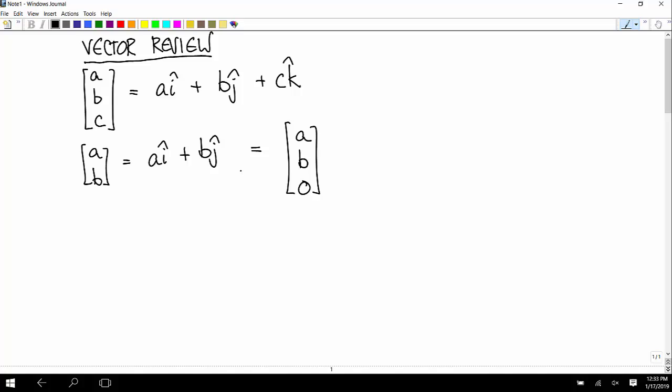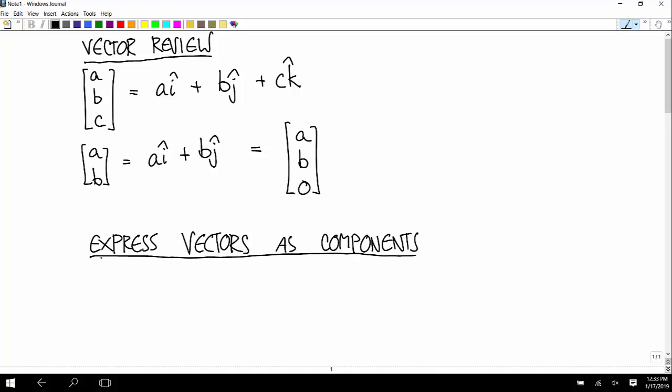So the first thing we have to talk about is expressing vectors as components. In math, there's really no reason to think about different orientations of coordinate systems.